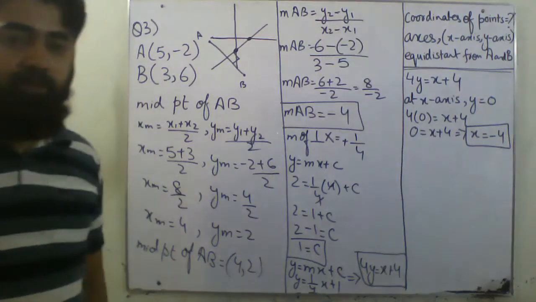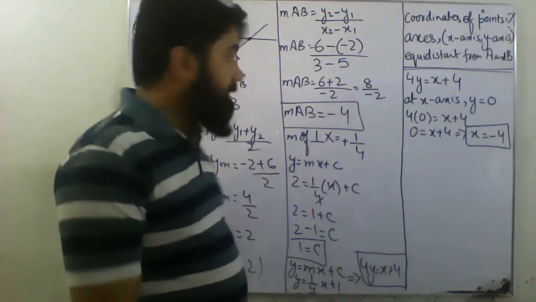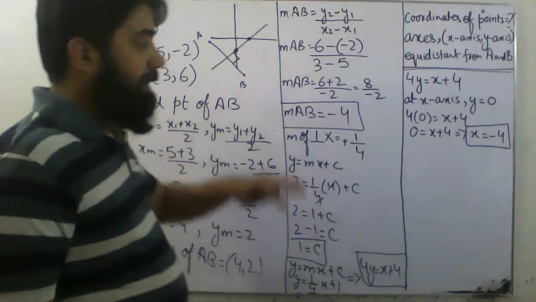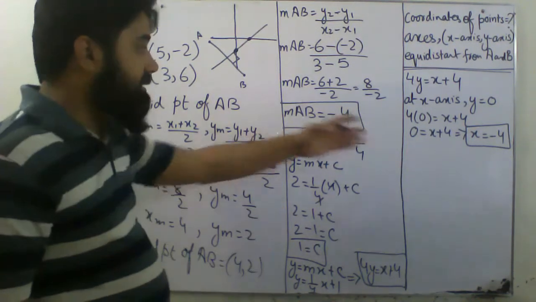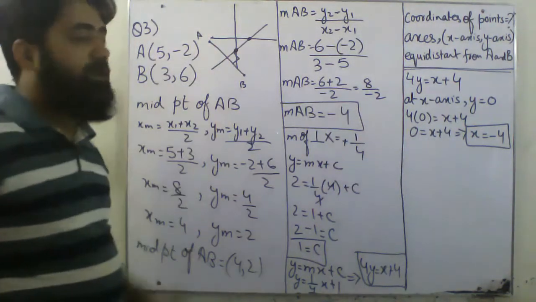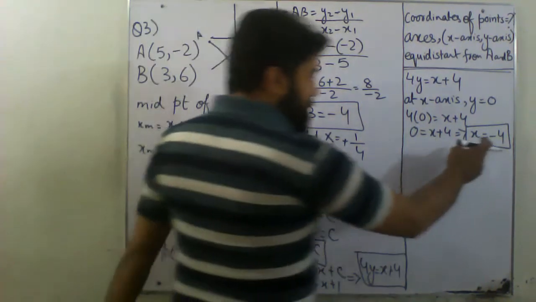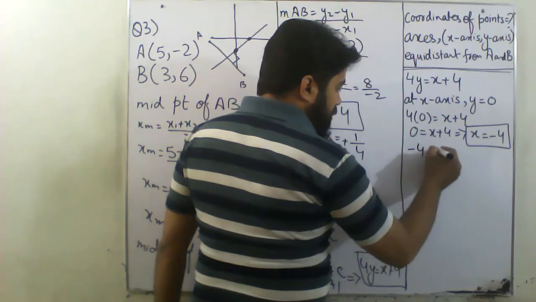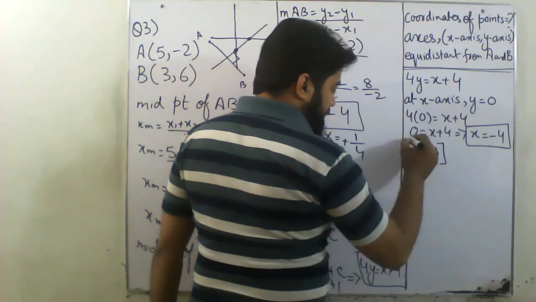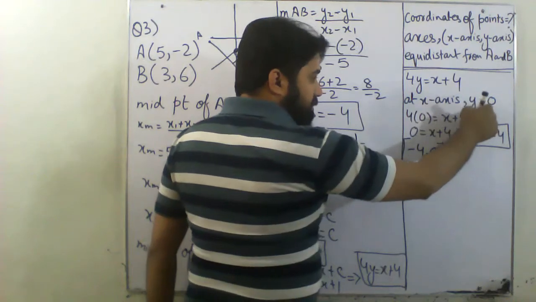Again, it's a rough sketch. Don't worry about it. Sir, it is coming in negative, you have drawn it in positive? No, it's just a rough sketch. So x equals -4. What will be the point coordinate? -4, comma 0. The value of x is coming -4 and the value of y was taken as 0.